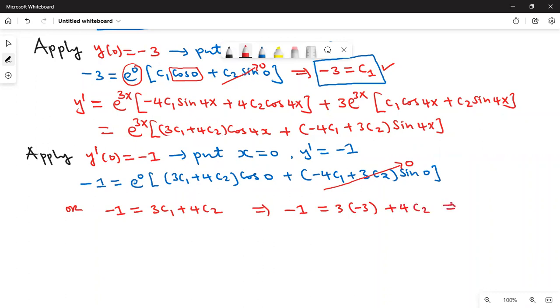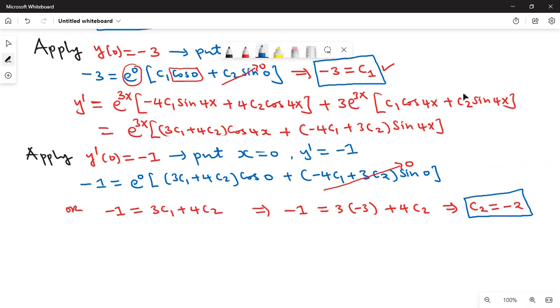And so you can now make c2 the subject. So this is -1 plus 9. That's -8. Then you divide by 4, -8/4, that should give you -2. So what we have found there is the value of c2, and now we know the values of those two arbitrary constants.